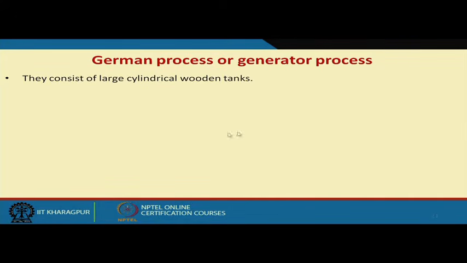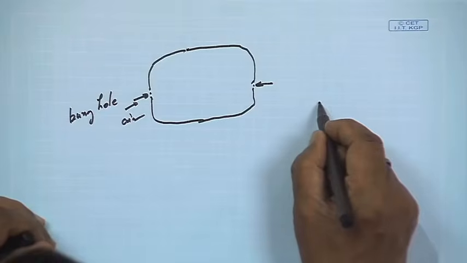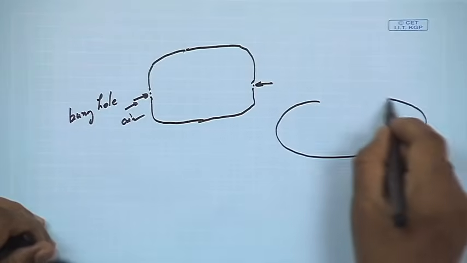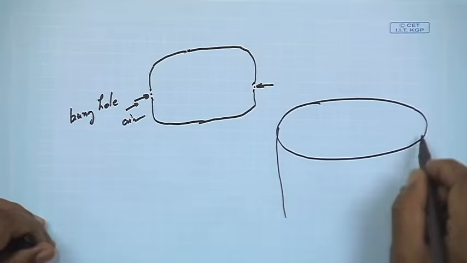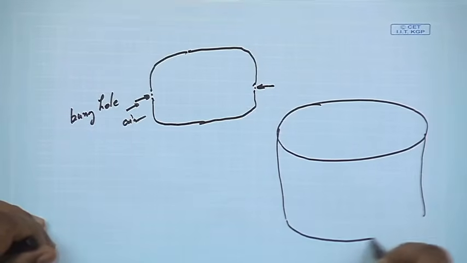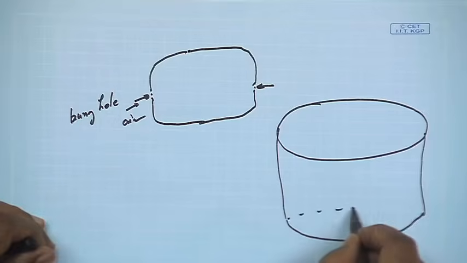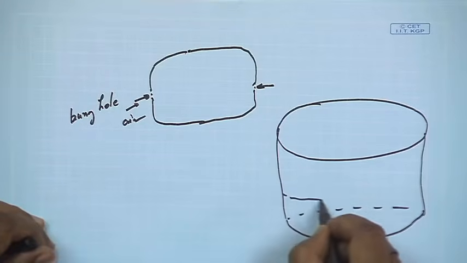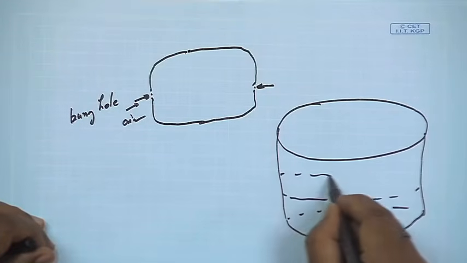This consists of a large cylindrical wooden tank. I can give the example that this is the wooden tank. Here we can have beetroot shaving.